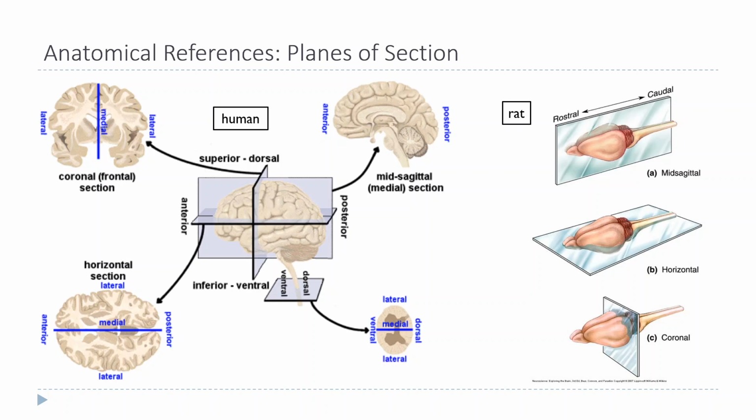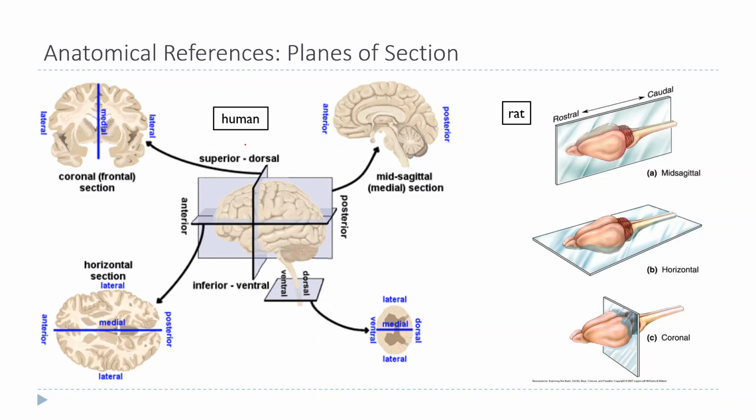That means that someone has taken the brain and cut it into pieces so that you can see the cross section. Now, of course, you can cut a brain or any tissue in any direction you want, but by convention, just so you can easily compare two different sections that were taken of different brains by different people, we use these same three planes of section pretty much every time. So you'll always see those directions.